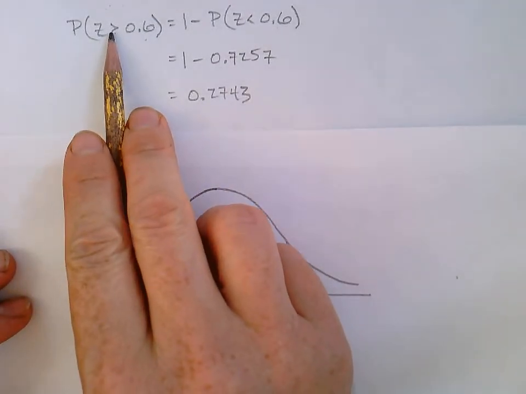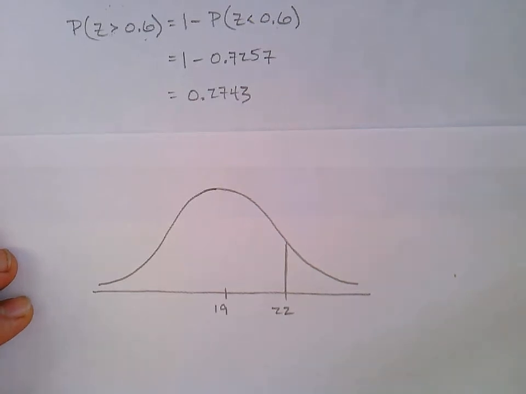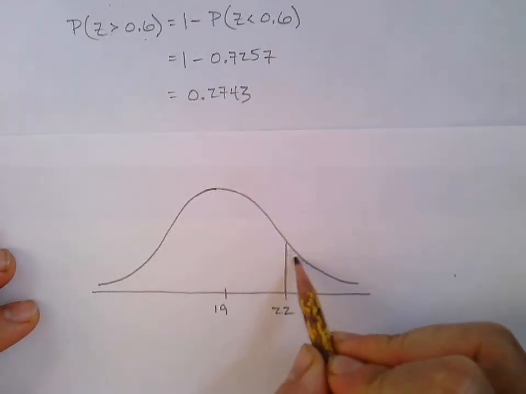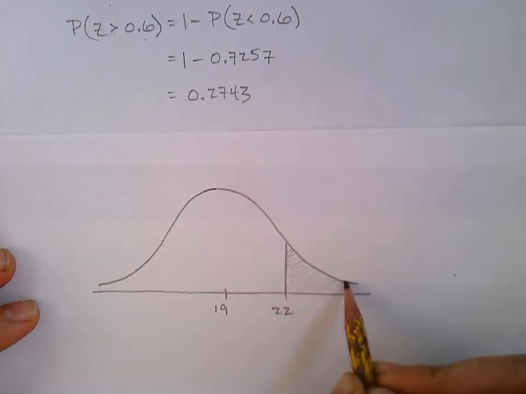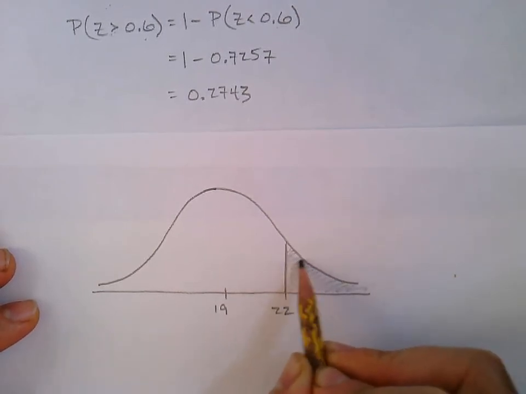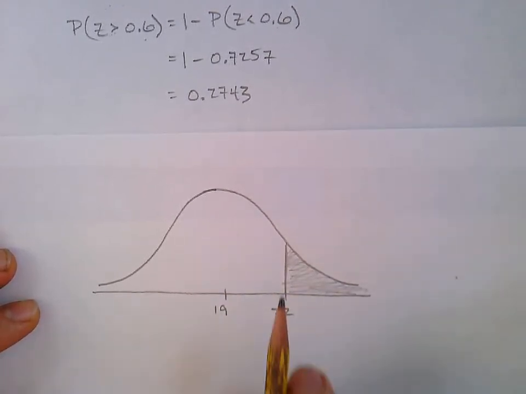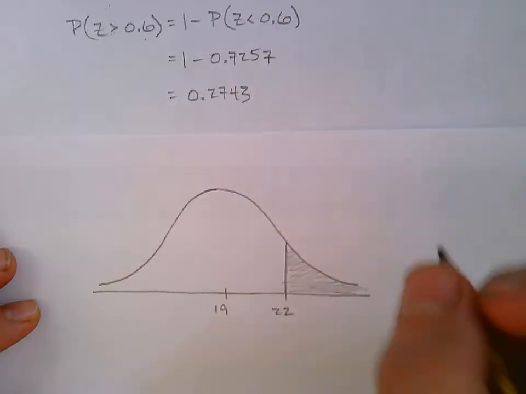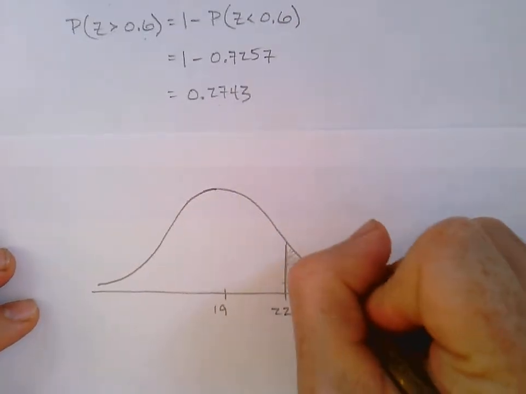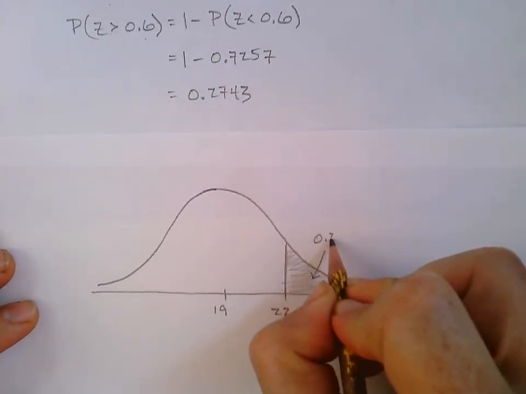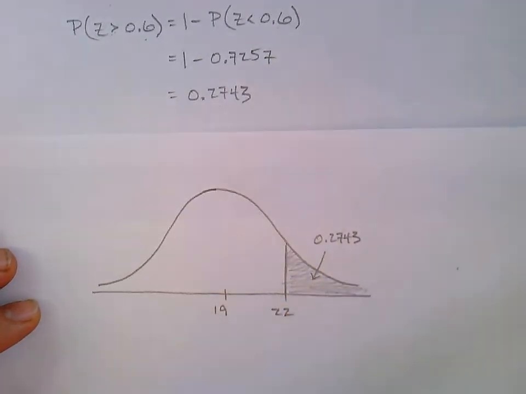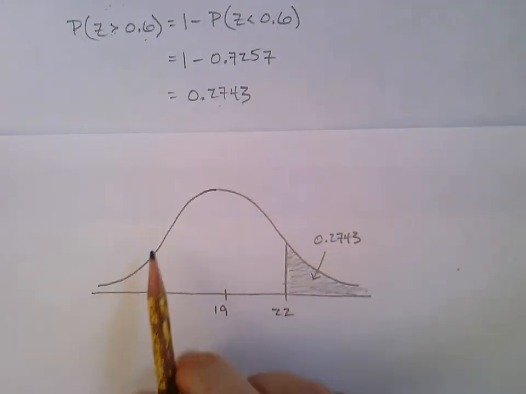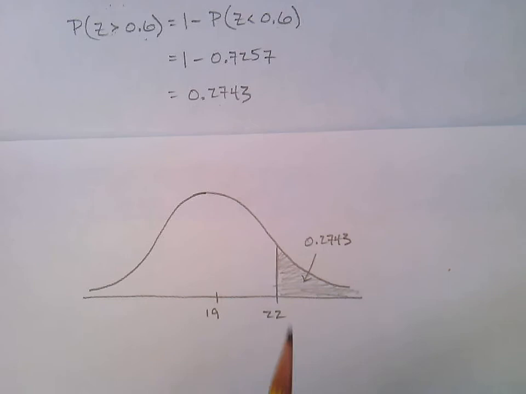Since it's greater than, I want the probability more than 22. I'm going to shade everything up here, more than 22. And then, if you don't have enough space, arrows work nicely. This is 0.2743. So there's my drawing, my labeling, my shading.